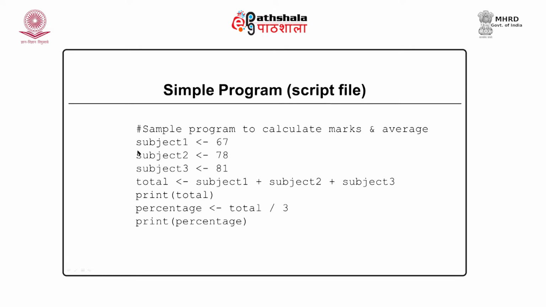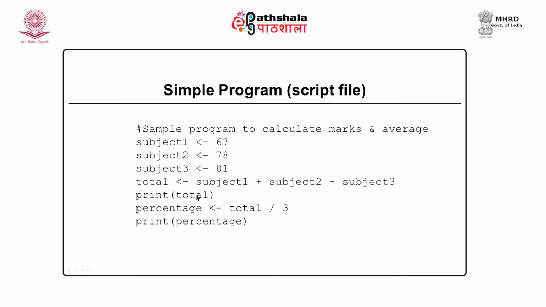Over here, I am creating 3 variables, subject 1, subject 2, subject 3, and I am assigning values to these variables. The next line contains total. I am performing addition of these 3 variables and the value will be stored in the variable total.